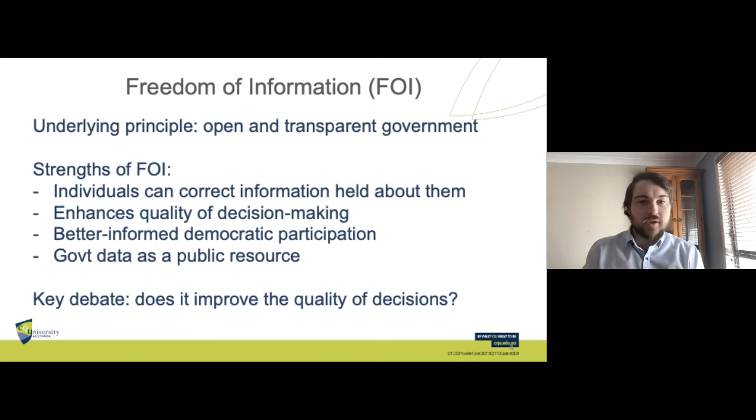But let's return to a key debate within freedom of information, which is this idea that being able to access this information improves or enhances the quality of decisions that the government makes.